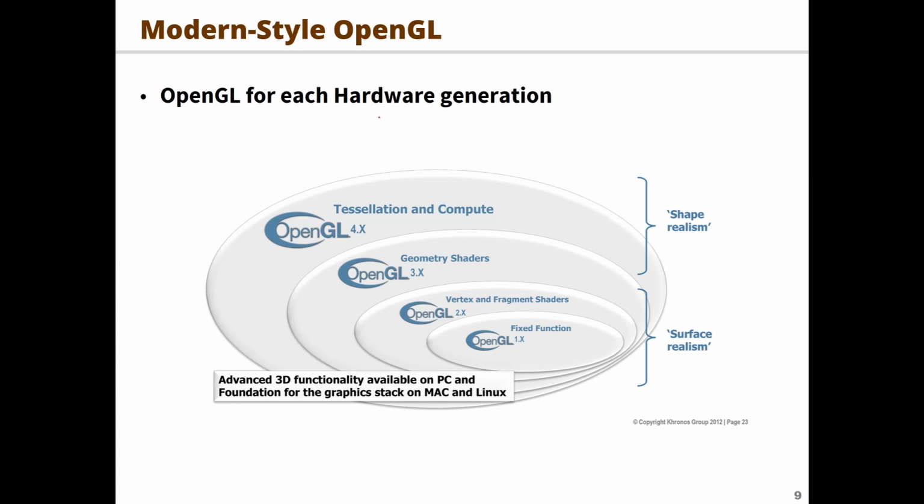Then here's a hierarchy by the OpenGL hardware generation and also its API. Starting from OpenGL 1.x, they focused on the fixed functions. We have limited freedom to change the parameters.